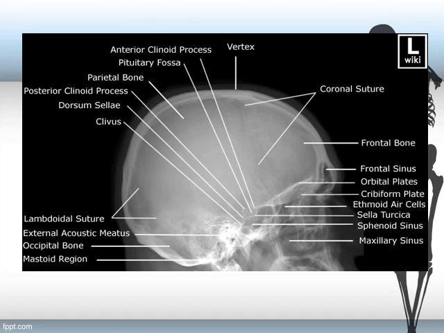So, hindi lahat ng structures makikita mo sa isang projection lang. That is why may mga ibang examinations na more than one yung kanilang projections. So, merong iba PA lang, yung iba naman may PA na, may lateral pa, minsan may oblique, may Caldwell, may Waters, etc.